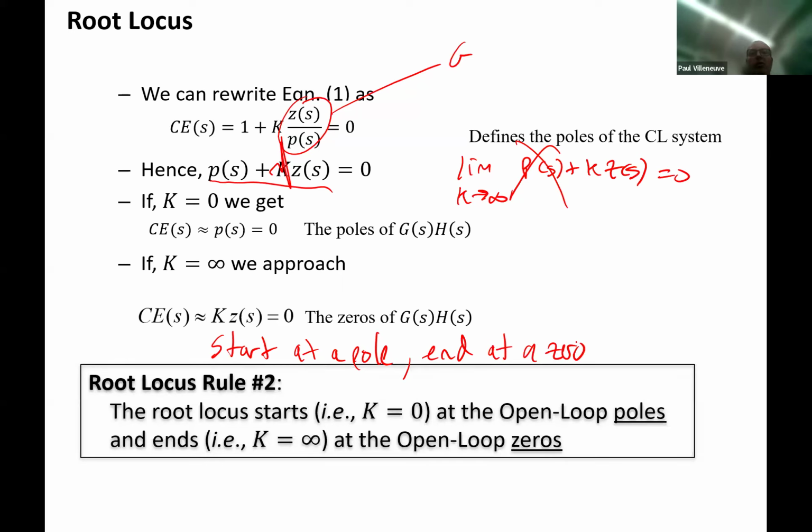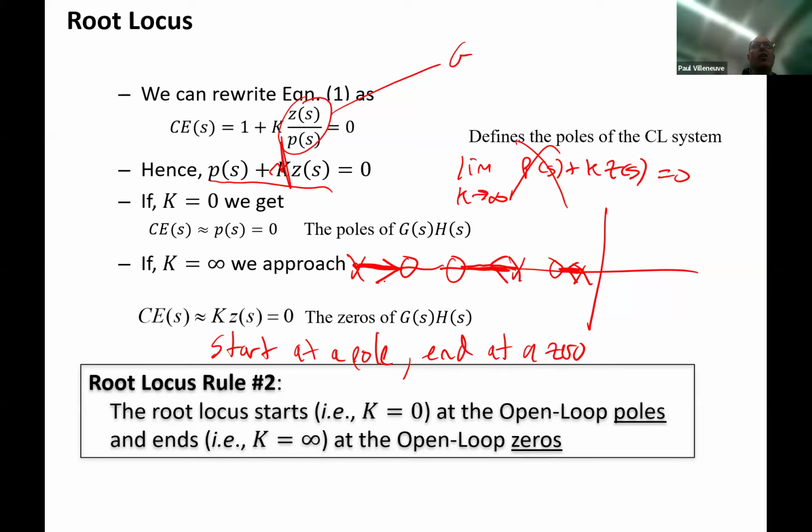So when you do a root locus plot, or when you just do a pole-zero map, I'm starting at a pole and ending at a 0.